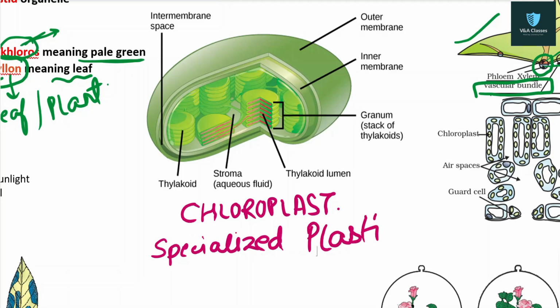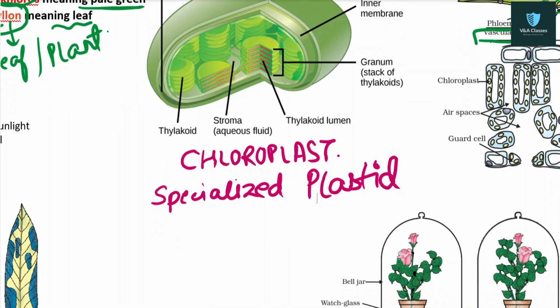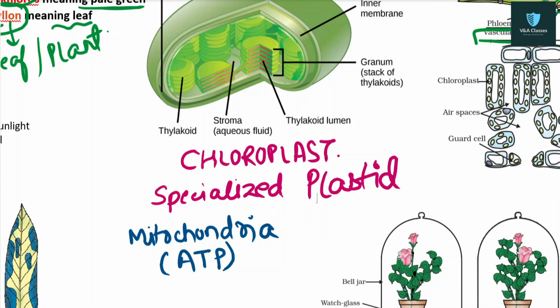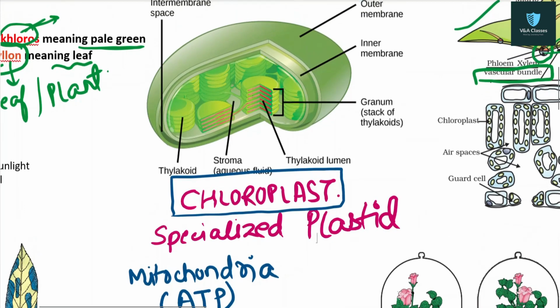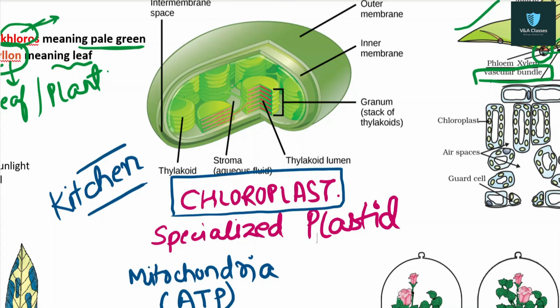Plastid, as we all know, is an organelle present in plants. Just like the mitochondria which we have in animal cell, in plant cell we have chloroplast. Mitochondria is the storehouse of ATP in animals. Similarly, chloroplast is the place where all the energy is generated. That is why chloroplast is also called the kitchen of the plant cell.